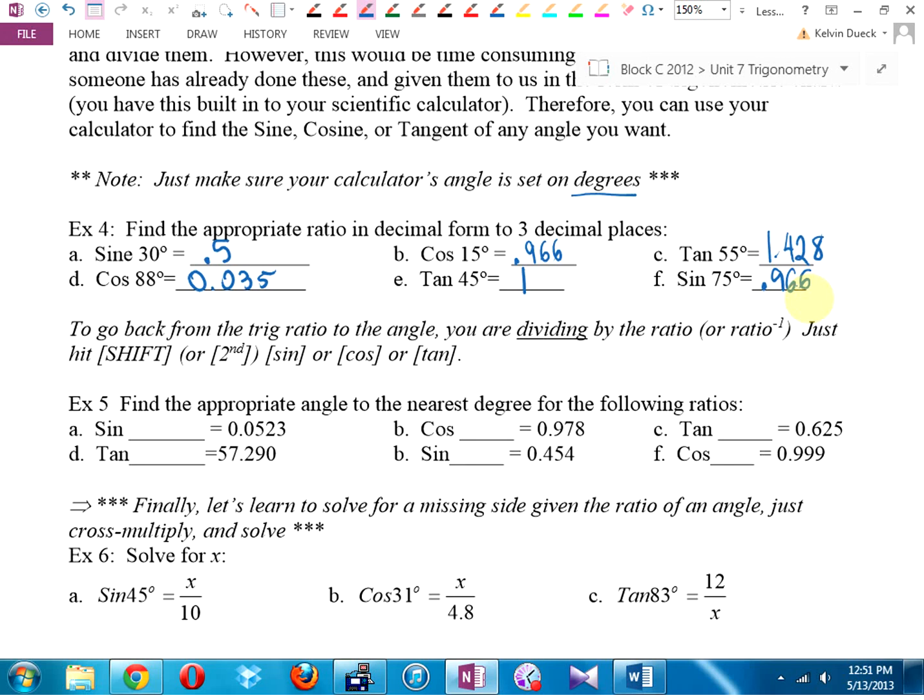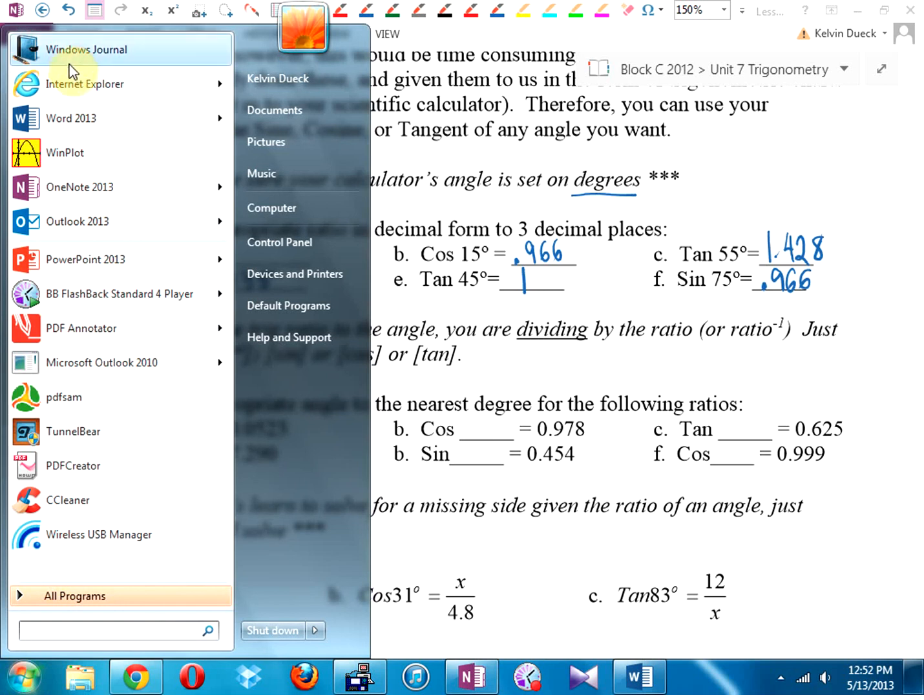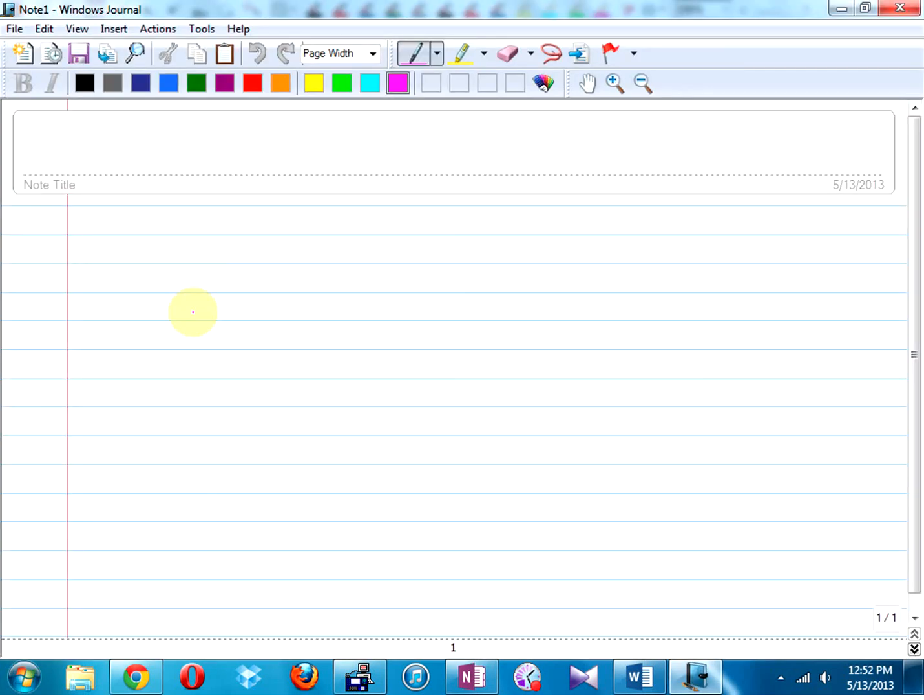So what does that mean? Let's look at the first one. It says the sine of 30 degrees is 0.5. If you were to build a triangle with a right angle, and this angle here was exactly 30 degrees, the ratio between this opposite side and this hypotenuse is exactly 0.5.